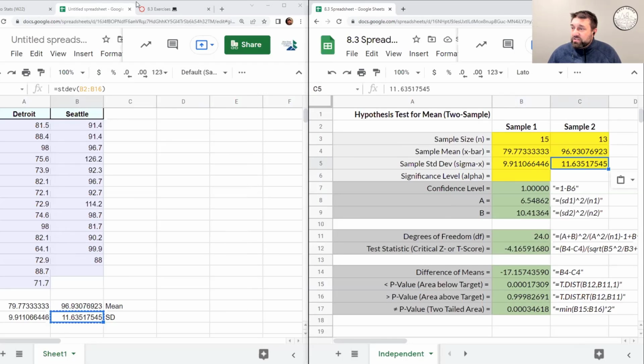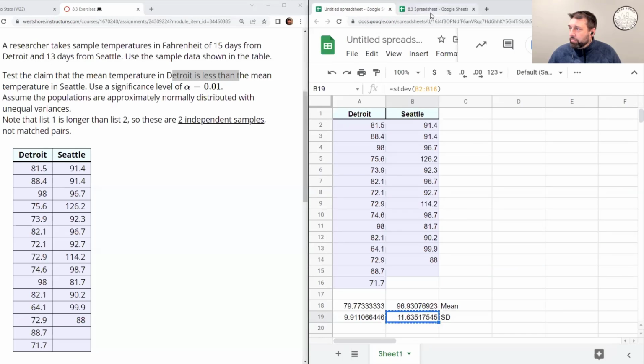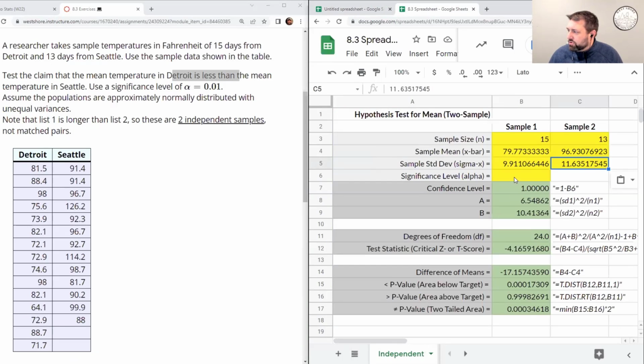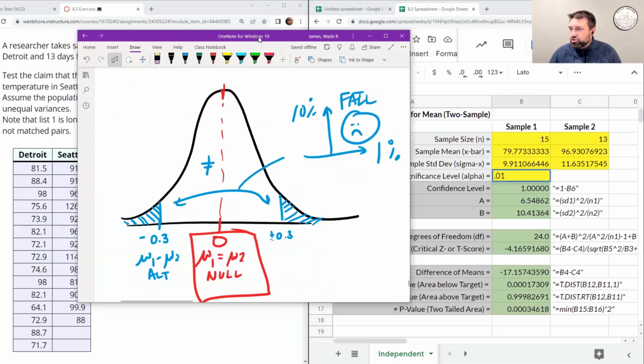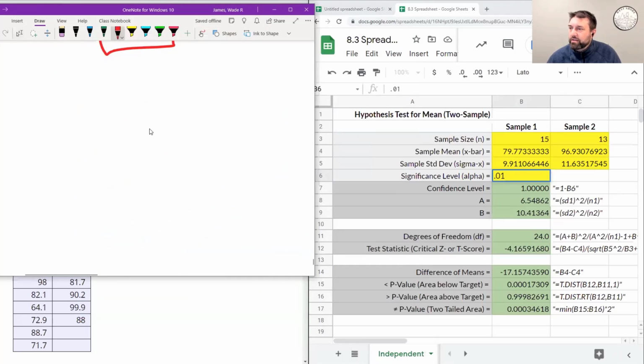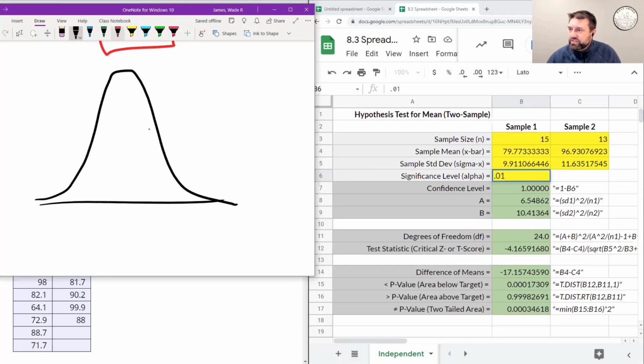And now our significance level from the problem itself is 1%, 0.01. So again, to make sure that we're certain what we're doing, the idea here is that the null hypothesis is that there is no difference between the Detroit and Seattle mean temperature. This is our null, that there's no difference between them.